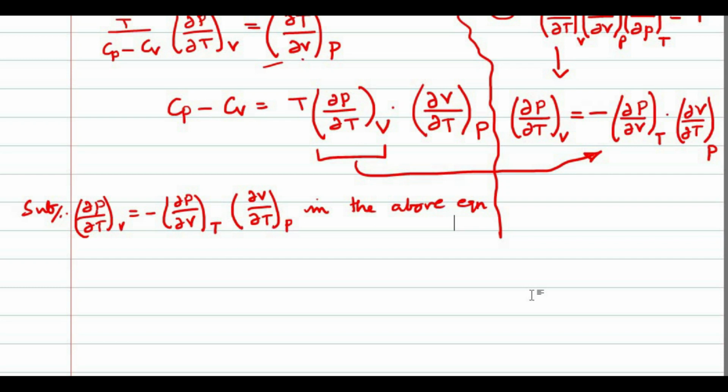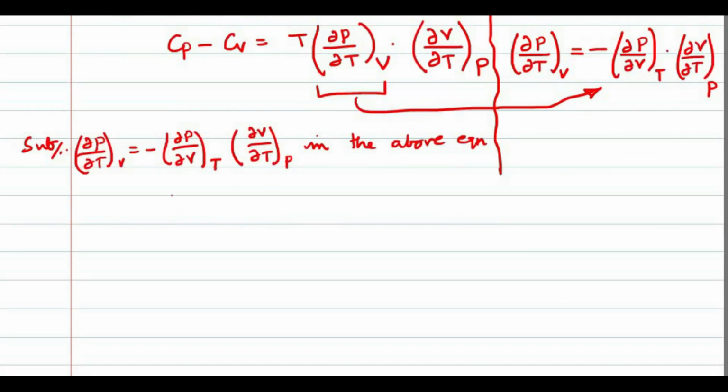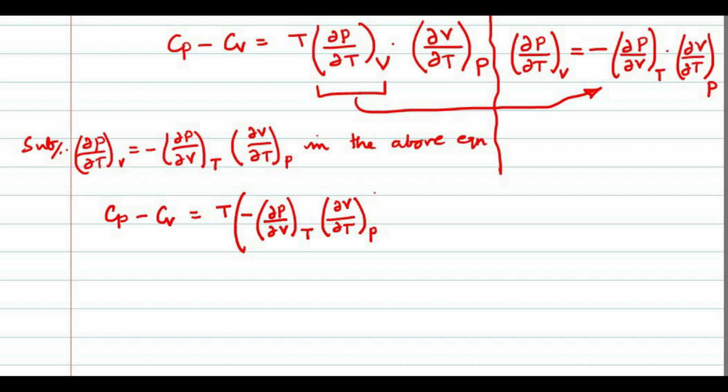If we substitute in the above equation, we will be getting Cp minus Cv is equal to T into minus dou P by dou V at constant temperature into dou V by dou T at constant pressure into dou V by dou T at constant pressure.